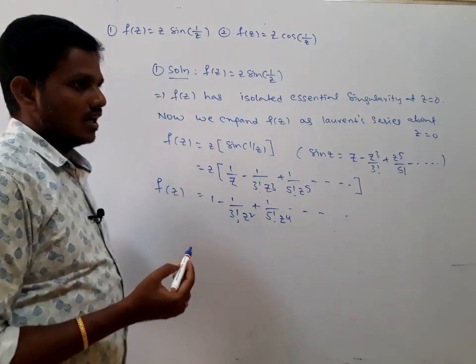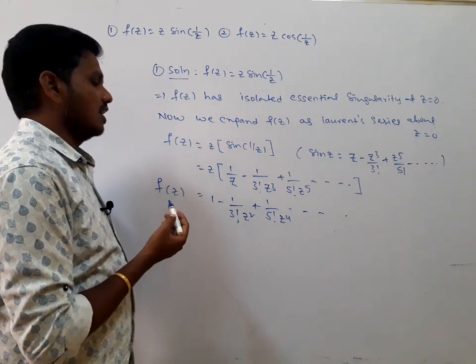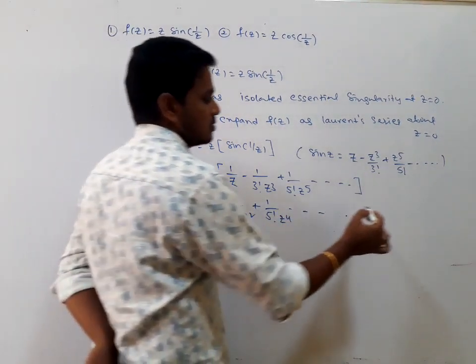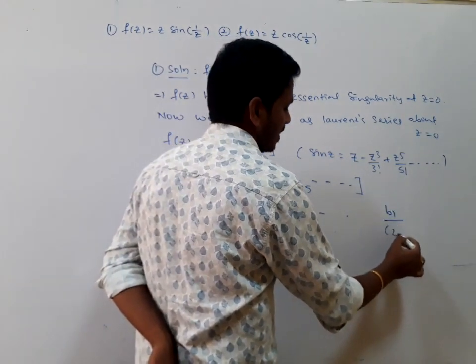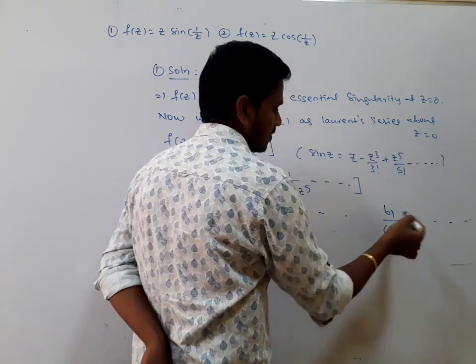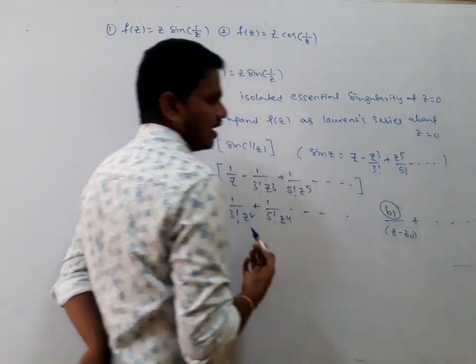When we expand the function f(z) as a Laurent series, the coefficient of 1 by (z minus z naught) is b1, followed by b2 divided by (z minus z naught) whole squared. This b1 is called the residue.